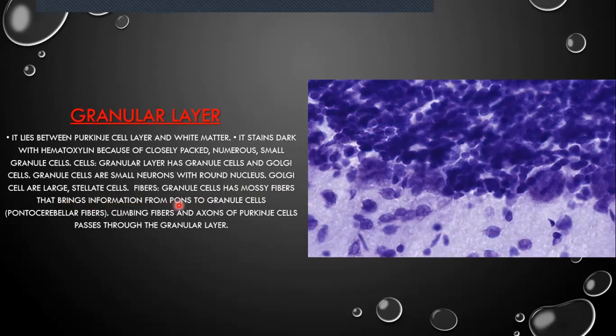Mossy fibers usually bring information from the pons to granule cells, or the pontocerebellar fibers. Climbing fibers just pass here, they do not terminate here. Then you also have axons of the Purkinje cells as they move from the outer molecular layer towards the white matter. They just pass through the granular layer.